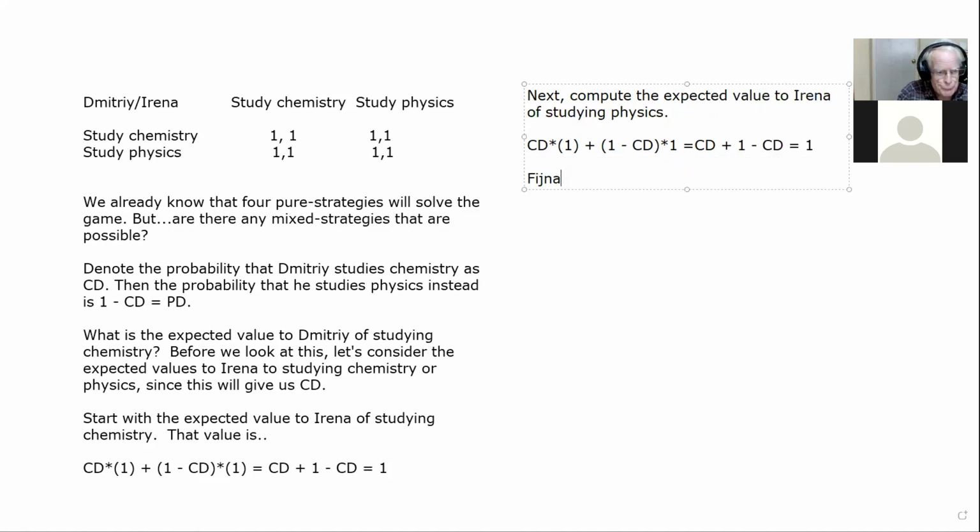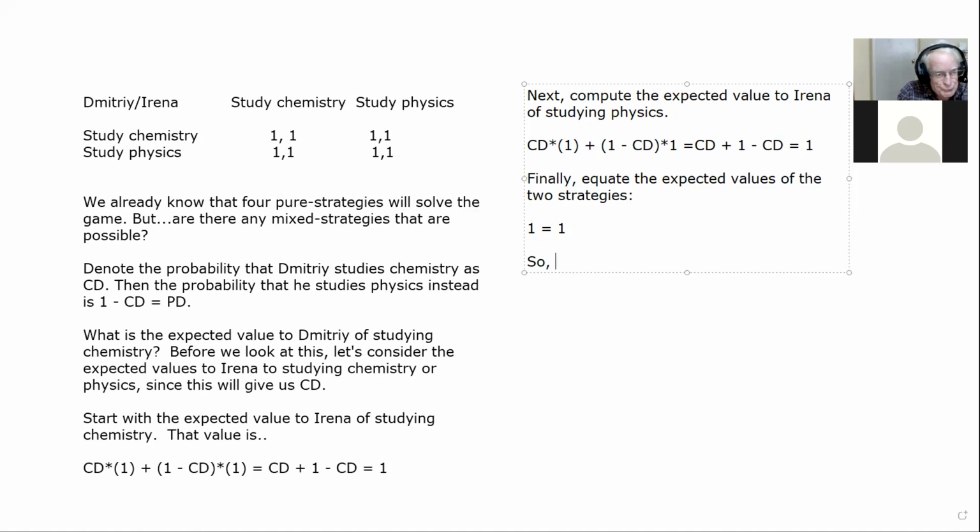And then finally, we equate the two expected values, and we get 1 is equal to 1.